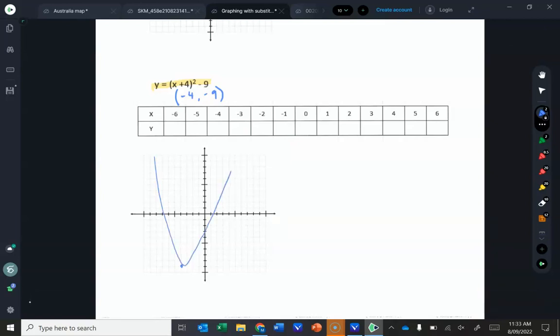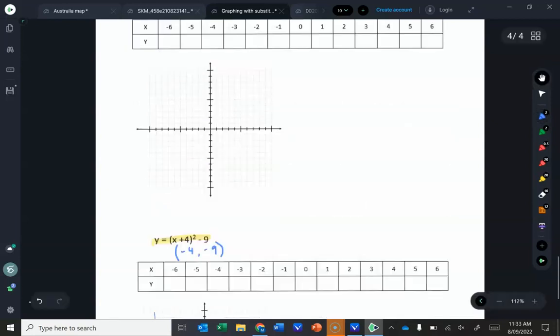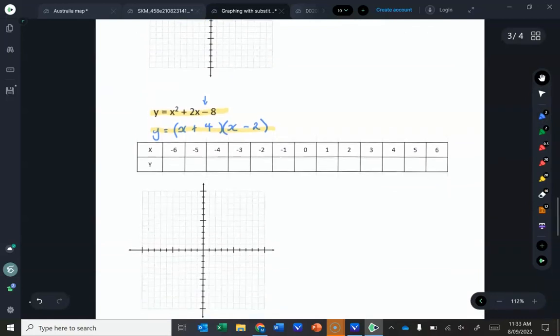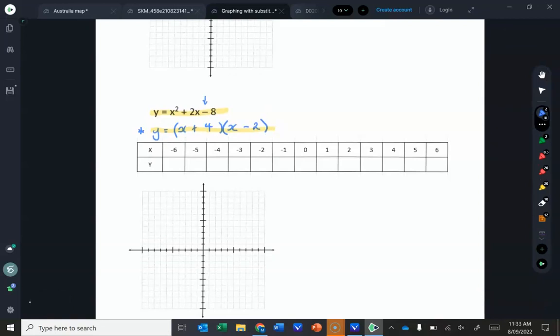The disadvantage of this is I can't see where it's going to cross the y-axis, and I can't see where it's going to cross the x-axis. If I have a look at my factorized form, I can see the 2 points where it's going to cross the x-axis. It's going to cross at -4 and +2, so it's going to come down through here and up through here.